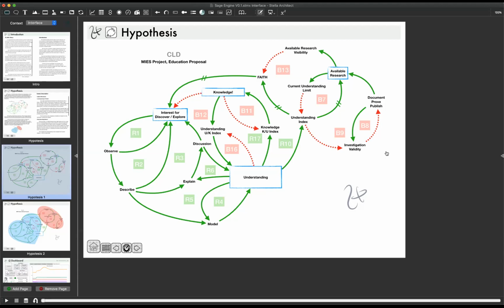Not the archetypes, because the archetypes make people think that they already know what's happening, and with these structures in stocks and flows, you can use them like chords.